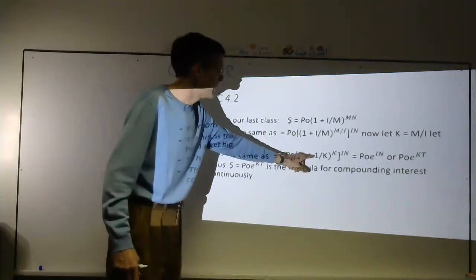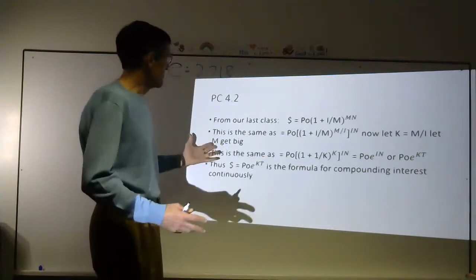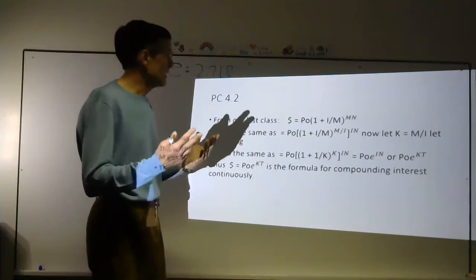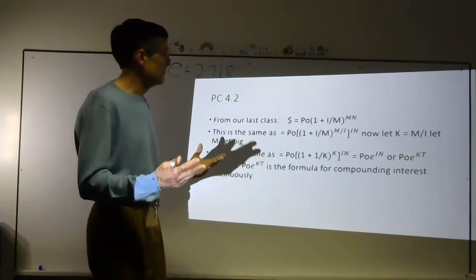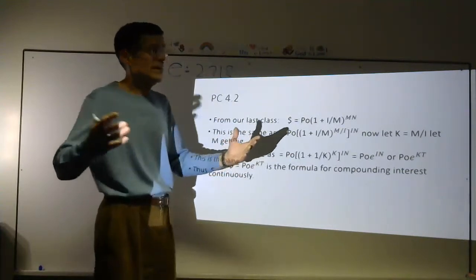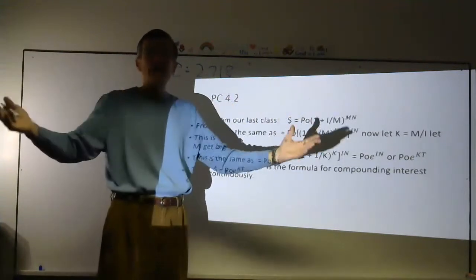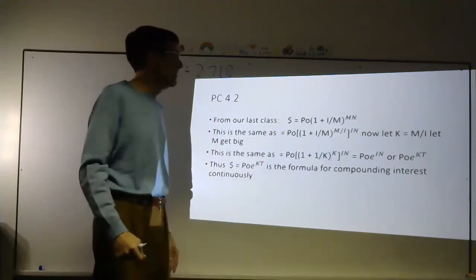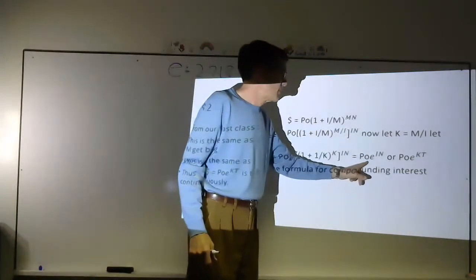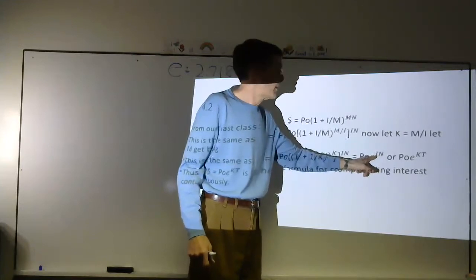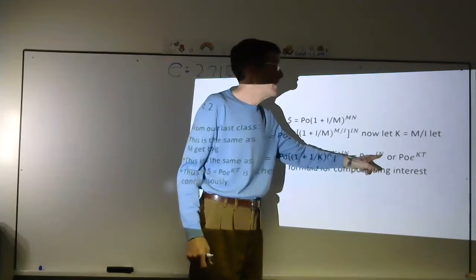As k gets bigger here, it's the same thing as m getting bigger, which means we are trying to figure out what's going to happen to this investment when k or m get as big as you want. You can be compounding interest millions of times in a year, and here is your formula, P naught e to the in, where i is the interest rate, the annual percentage rate, n is the number of years.